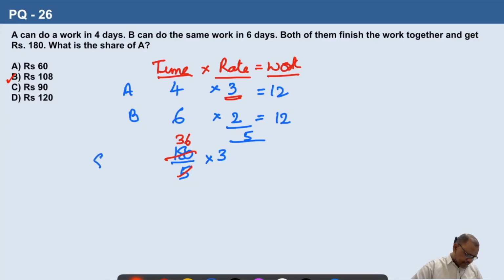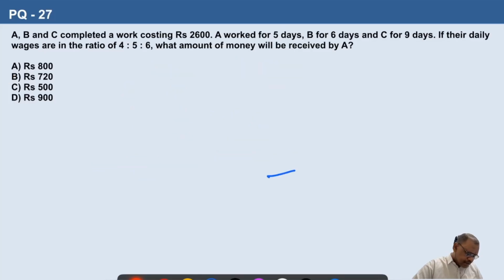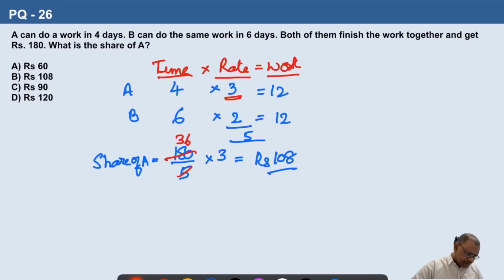So this is the share of A. 36 into 3, 108. Share of A is 108 rupees. Option B is the right answer.